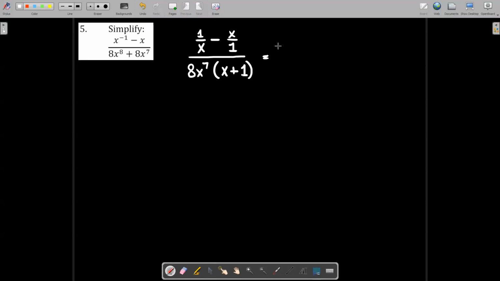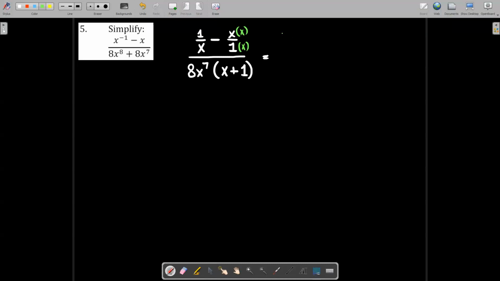So what we have to do is figure out what's going on up here on the top. Now, I need a common denominator in order to be able to subtract fractions. So I have an x, I have a 1. The easiest way to make this a common denominator is to multiply the top and the bottom of this fraction by x, because 1 times x will be x, and then we'll see that x times x is x squared.